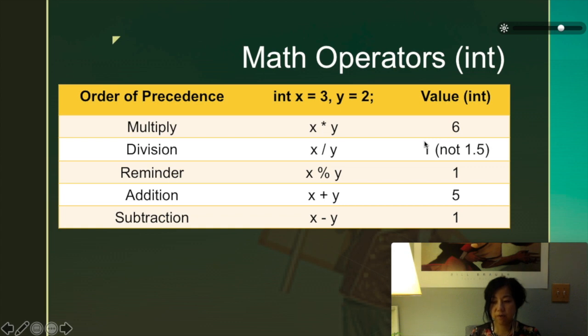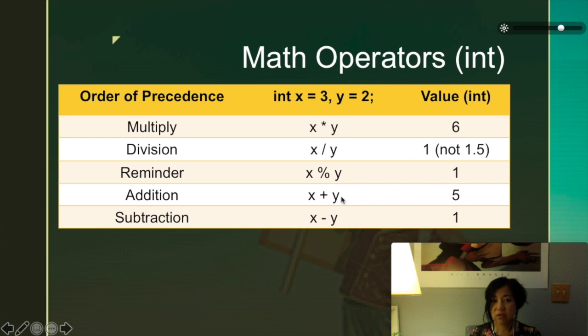So for example, 3 divided by 2 is equal to 1. 5 divided by 2 is equal to 2 and not 2.5. So you get only the whole number from the division, but not the remainder. If you want to get the remainder, you can use the percentage sign.